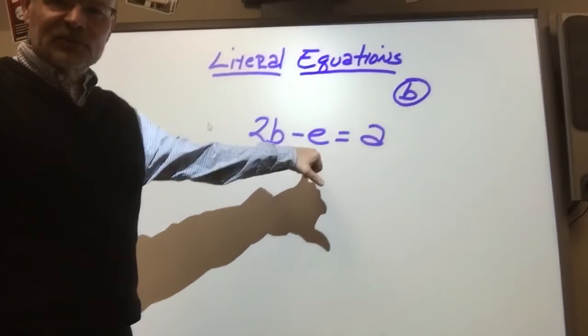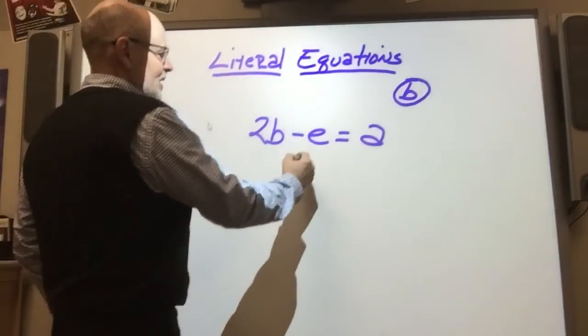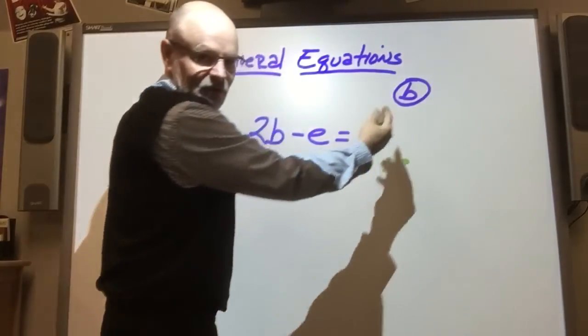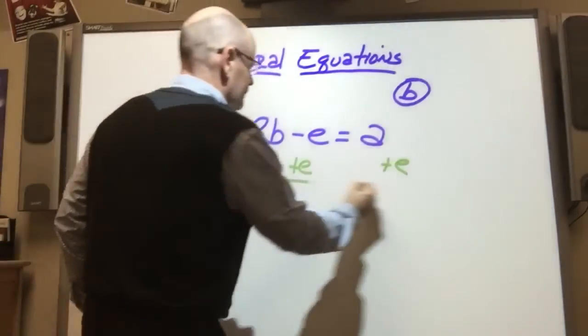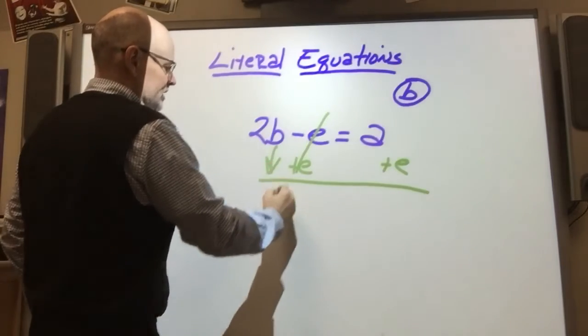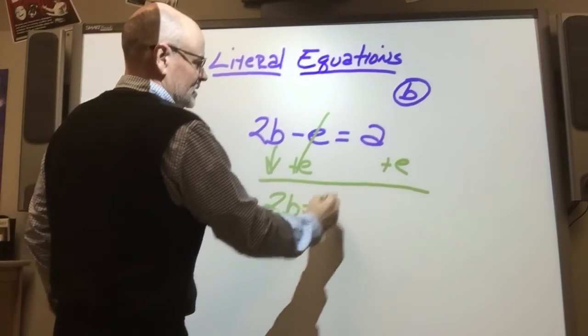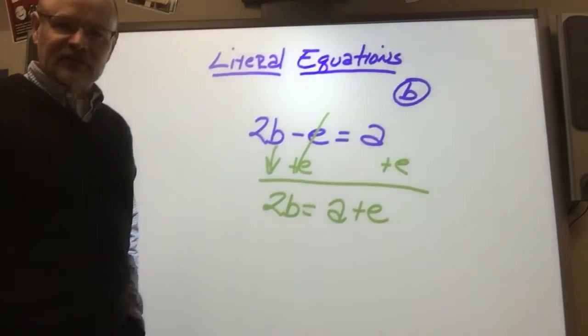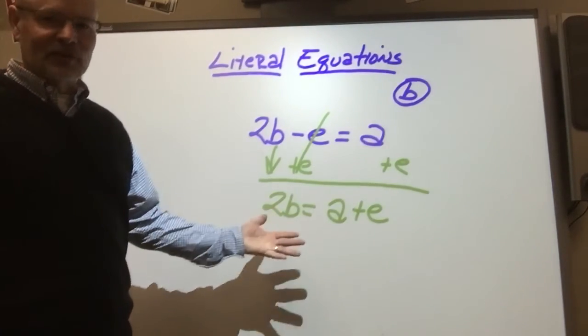So I'm going to start with addition and subtraction. I'm going to do the inverse operation. It's minus e. I'm going to add e to both sides. Notice, not like terms, so I'm not going to add them together. Bring down my 2b. a plus e. And then my last step is multiplication. I'm going to do the inverse operation.